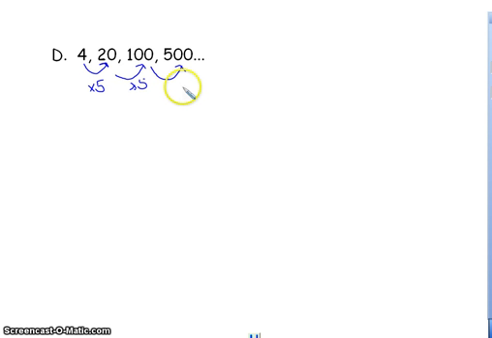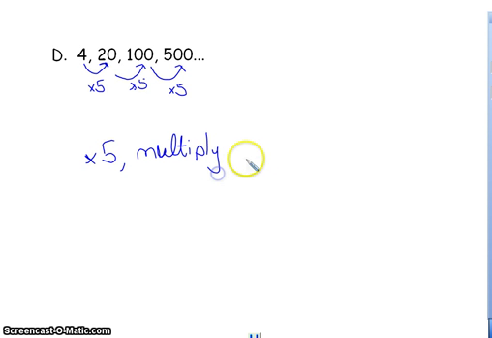And then 100 times 5 is 500. So I'm going to multiply by 5. So we can write multiply each term by 5. Okay.